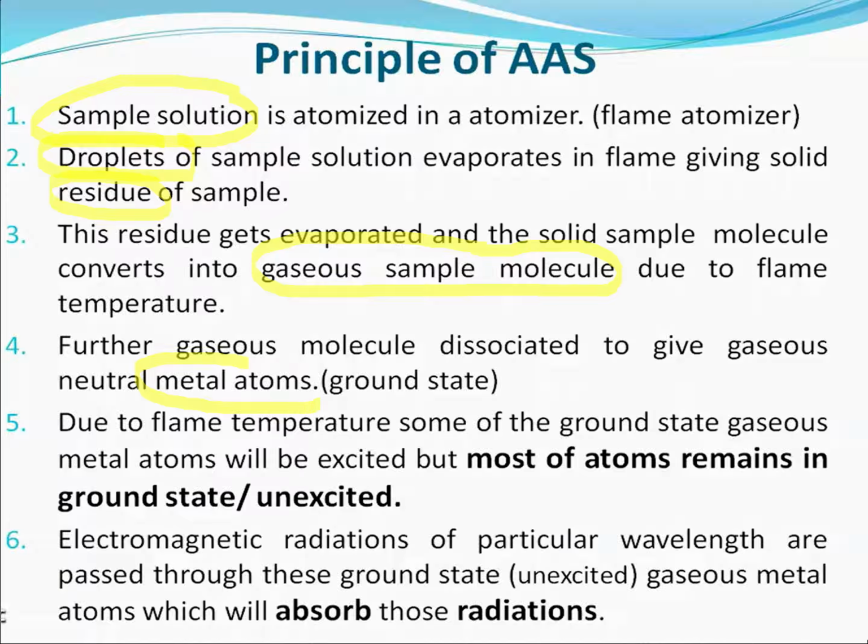So now what is being produced? Neutral metal atoms. After that, due to flame temperature, some of the ground state gaseous metal atoms will be excited, but most atoms remain in the ground state, unexcited. The electromagnetic radiation of particular wavelengths is passed through these ground state gaseous metal atoms, which will absorb that radiation. So this is the overall principle of atomic absorption spectroscopy that we have already discussed.